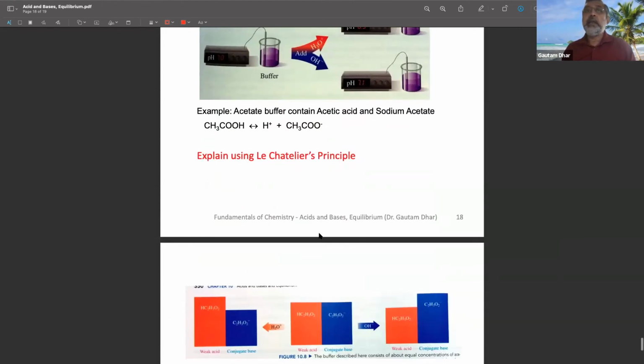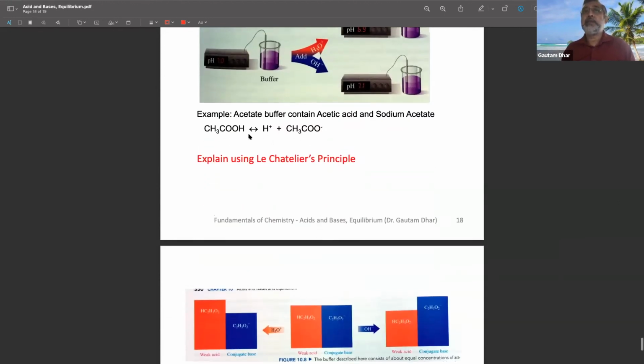And you can explain this buffer action by thinking about Le Chatelier's principle. Because it's reversible, I use this sign for reversibility. So acetic acid dissociates into H plus and CH3COO minus, which is the acetate ion.